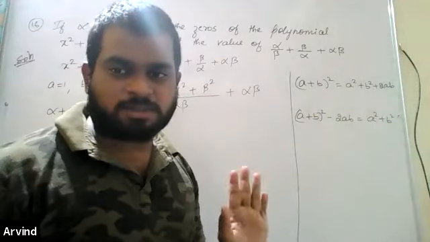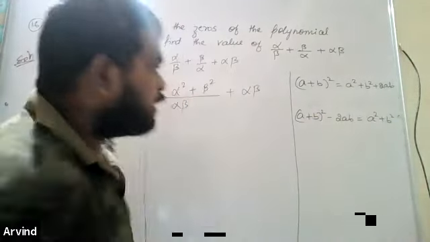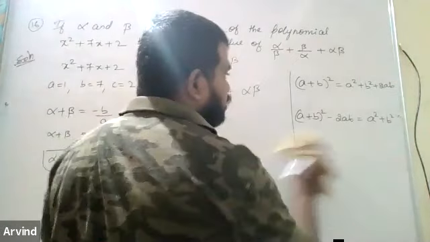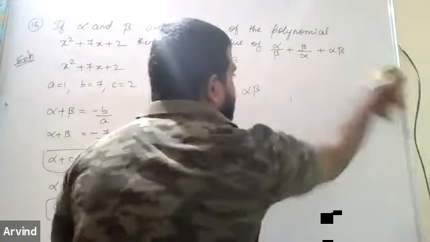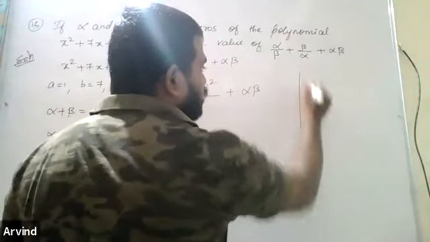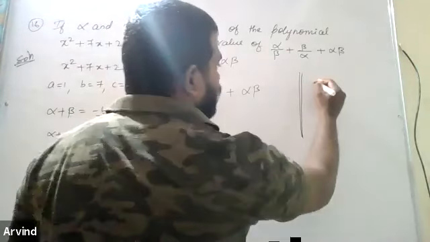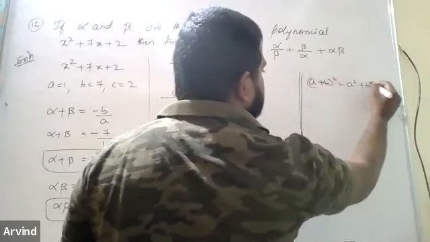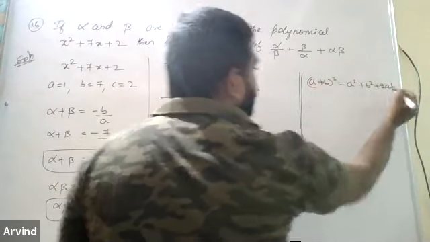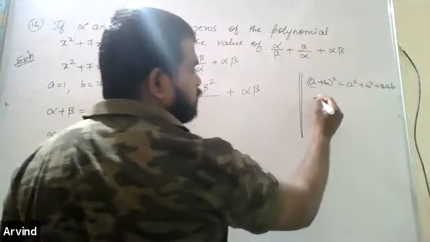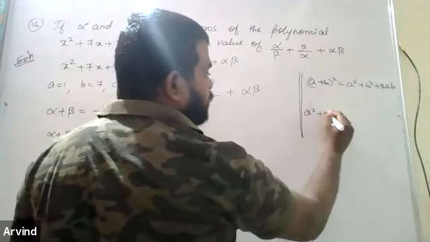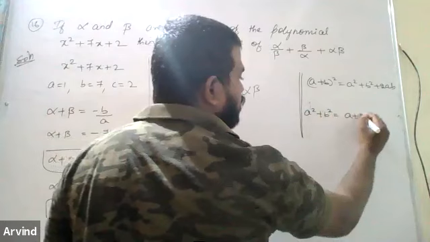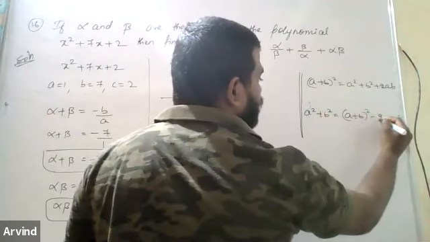This is a formula. So I'm going to take that formula. If you want, you can take it like this. Write it like this in the working column. a plus b whole square is equal to a square plus b square plus 2ab. We are sending the 2ab to this side. Therefore a square plus b square can be written as a plus b whole square minus 2ab.